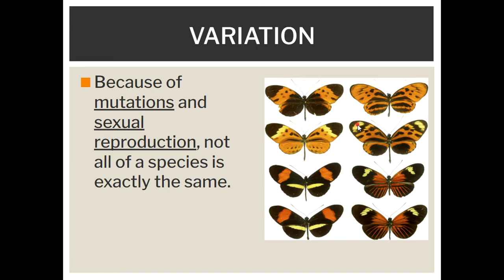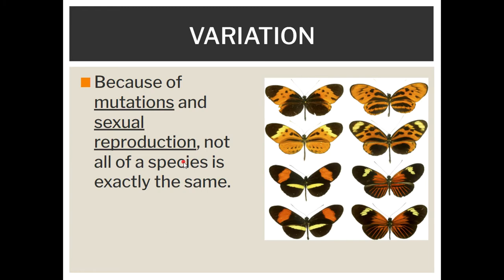So remember from our roundhouse diagram, right, we said that organisms within the same species have variation. Now this variation is caused because of mutations and sexual reproduction. So these two events together kind of ensure that not all of the species is exactly the same.